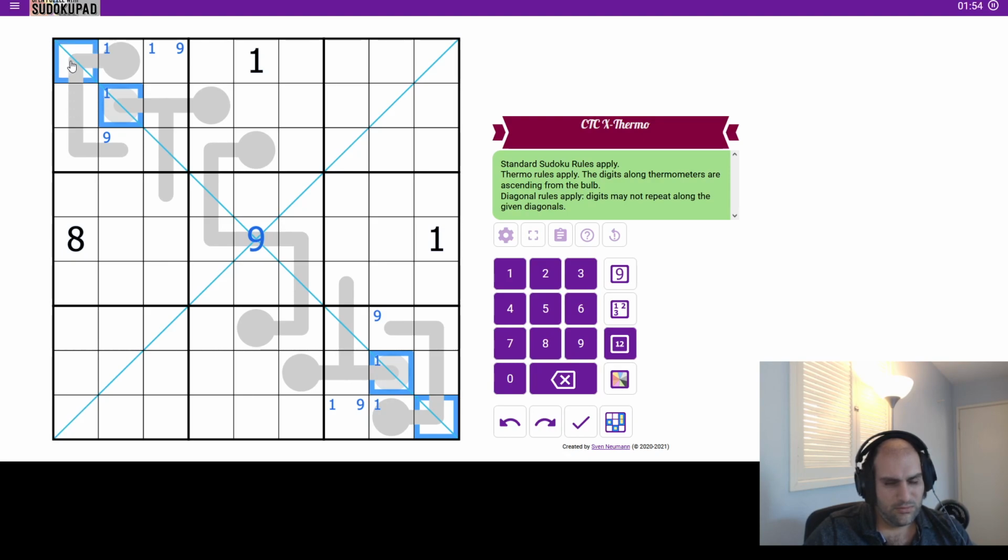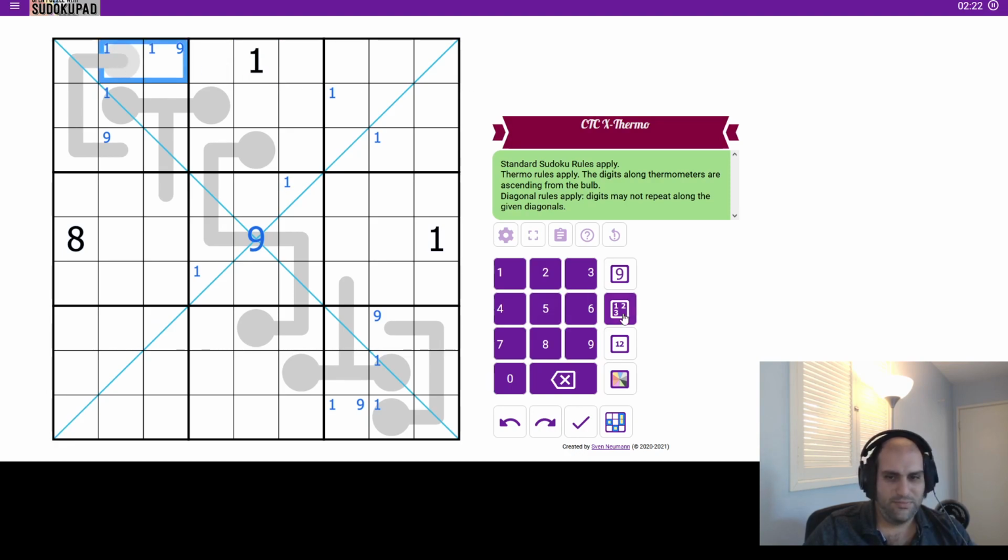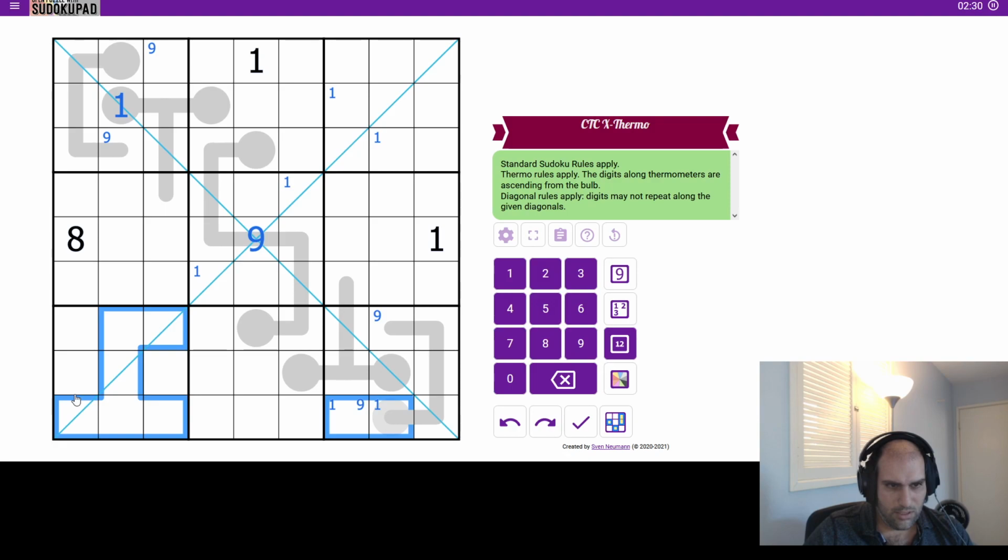Although, not sure what to think. 1 has to be here, here, so oh, this is the one right there. 1 in this box doesn't go here. Yeah, I'll just mark it, why not?